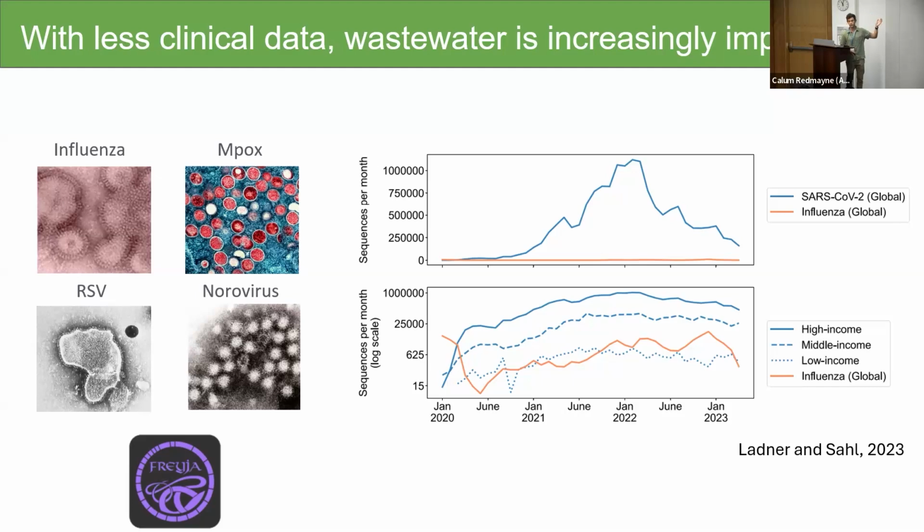In comparison, flu, one of the most highly sequenced viruses out there, is very rarely sequenced. And this problem only gets more significant as you consider the level of sequencing in lower and middle income countries. So I think wastewater provides a great platform for enriching and expanding our surveillance capabilities.